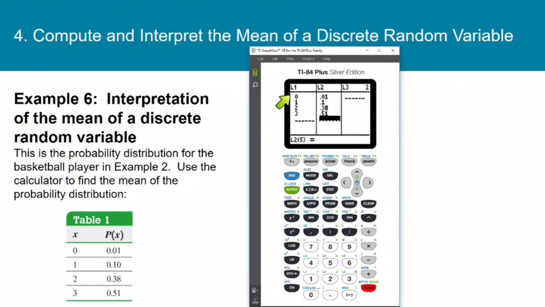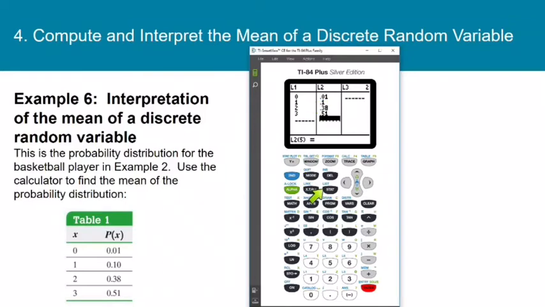So what's about to happen is that we're going to get the calculator to average the numbers in list 1, but using the weights that it finds in list 2. We know that he makes all 3 free throws a lot more often than he makes 0 of the free throws. So we need the 3 to be weighted at 51%, while the 0 is only weighted at 1%.